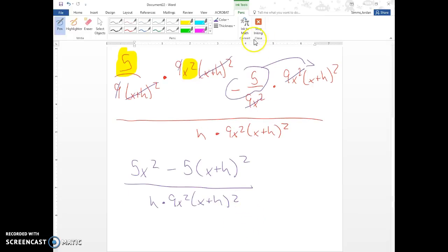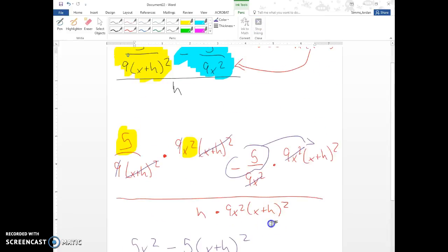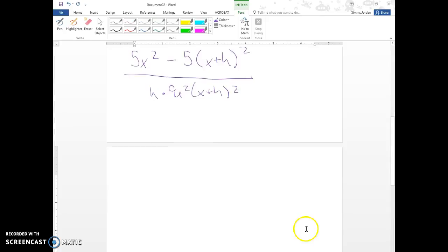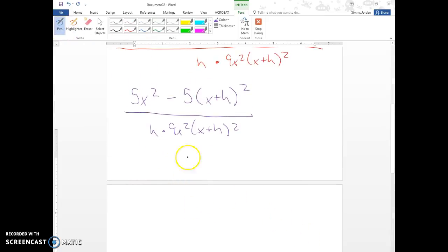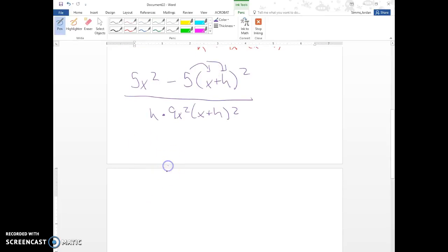Okay, so far so good, but I need some more room. There we go. Okay, so now what can we do? Well, let's do some order of operations on the top. I'm going to distribute that negative 5, so that's going to leave me with 5x squared.